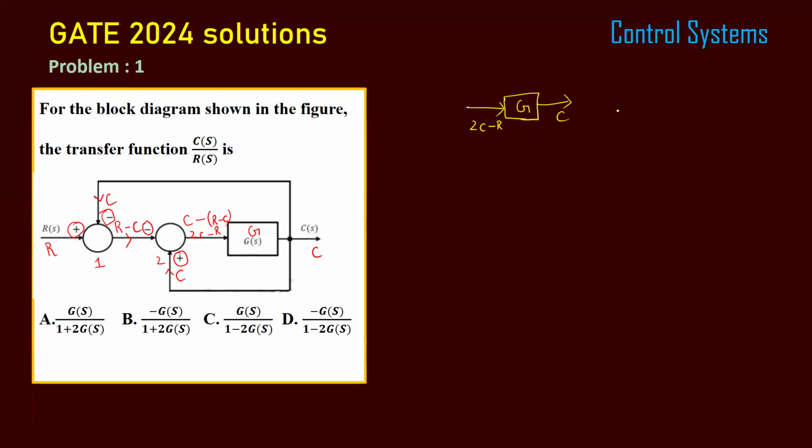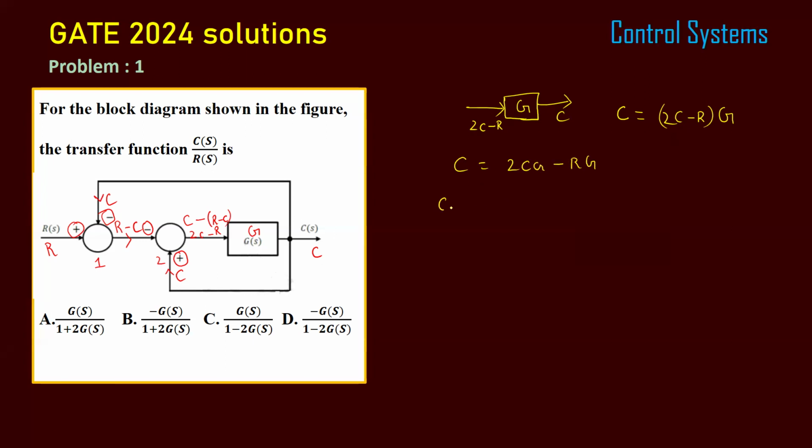So if we want to find the output C, it is equal to input into gain. What is the input here? 2C minus R is the input, into G is the gain. We need to find the transfer function C by R, which is C of S by R of S. So let me simplify. C equal to 2CG minus RG.